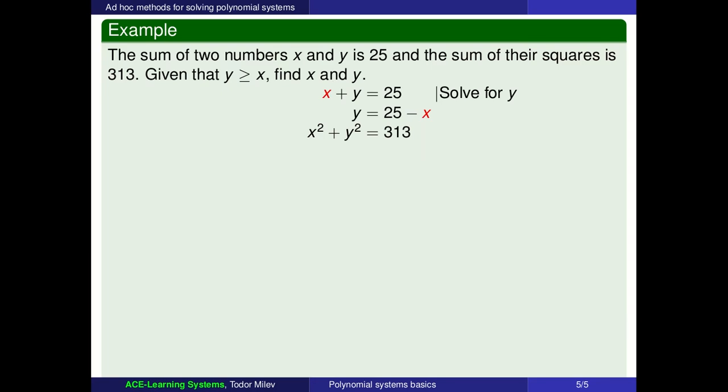I still haven't used the second equation, so now let me use the fact that y equals 25 minus x in order to eliminate the variable y. So let me replace the variable y with the expression 25 minus x. So I get that x squared plus 25 minus x, the whole thing squared, equals 330.